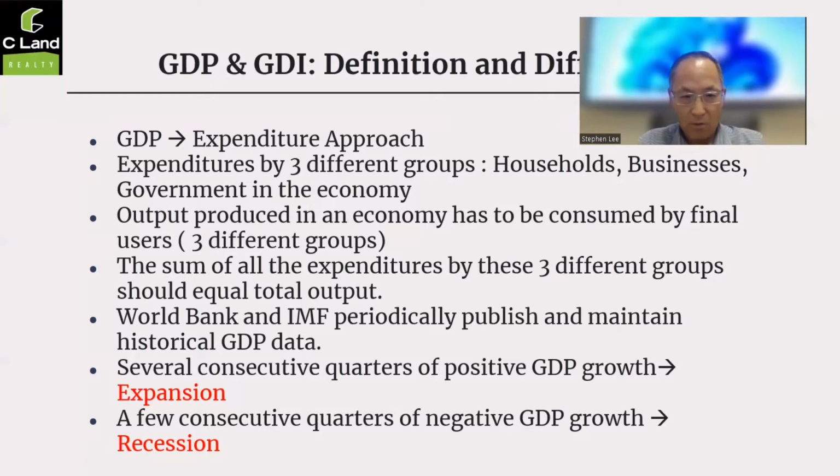And therefore, for the world economy, the World Bank and IMF periodically publish and maintain historical GDP data. That's why GDP data is so important, because it's a kind of a standard measurement of a economy, the country's economy is growing or is declining.